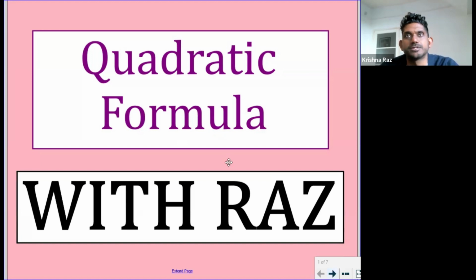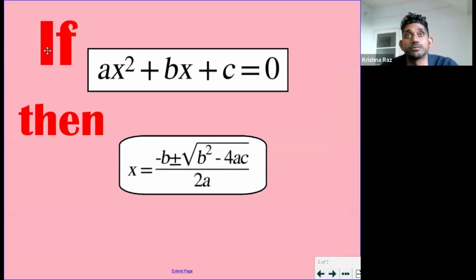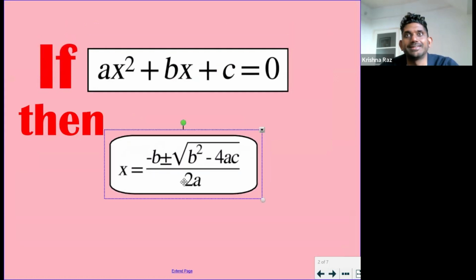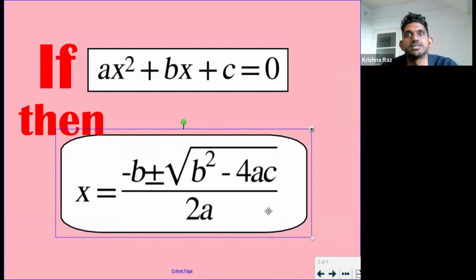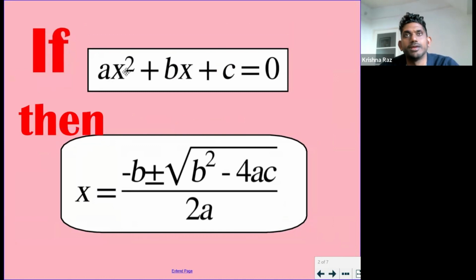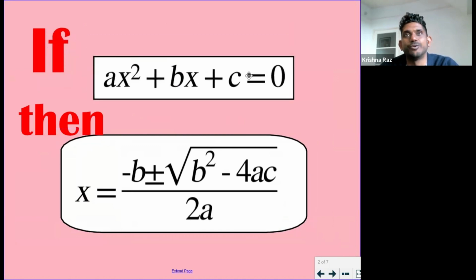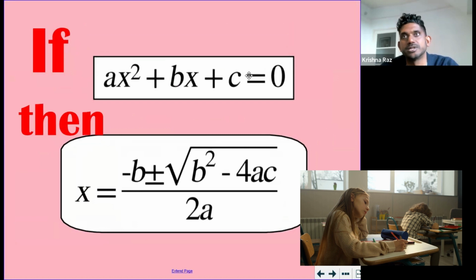So firstly, let me just say what the quadratic formula is. It is this one here: x equals minus b plus or minus the square root of b squared minus 4ac all over 2a. And that works if we have a quadratic in the form ax squared plus bx plus c equals 0.